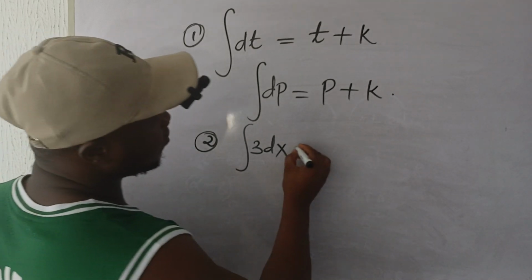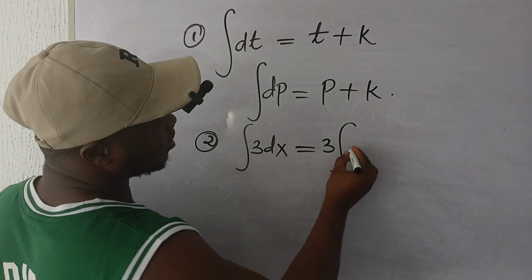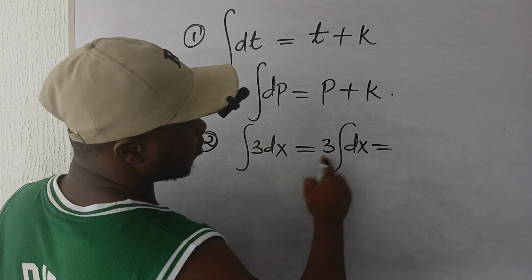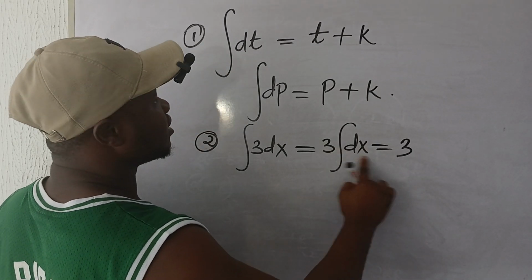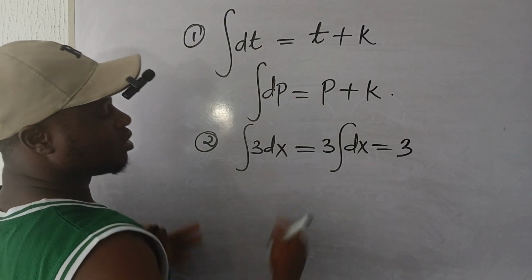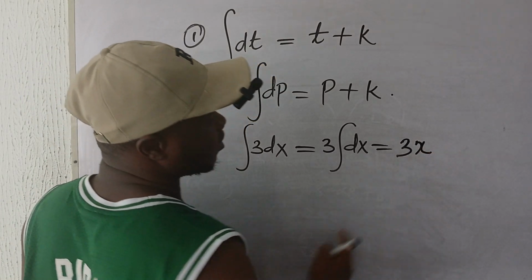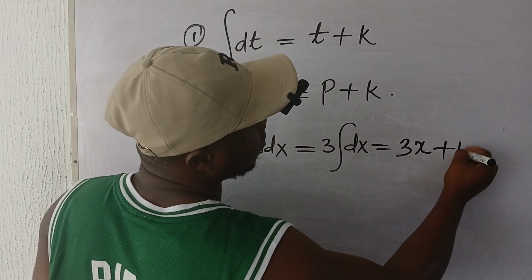So bring this number out, and you are now integrating dx. Remember, whenever you're integrating dx, dt, dp, or something, you are going to have x. So if you integrate this, that is x, then you put your constant of integration.